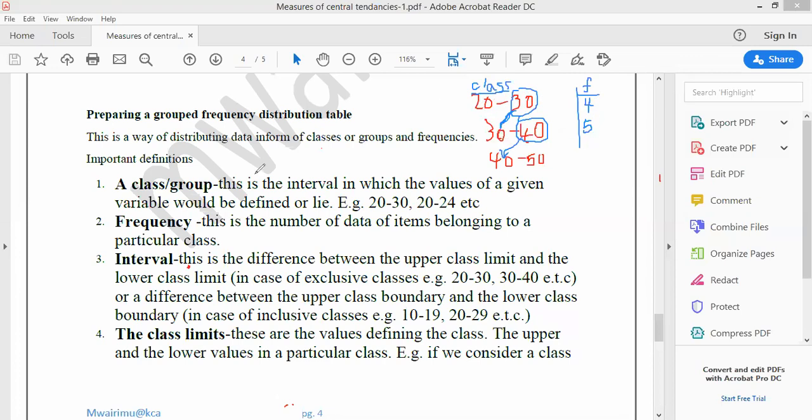Okay, now I want to compare this form of classification of the data with another one here. Let's assume the first class I say 20 to 29. Then the next class I say 30 to 39.